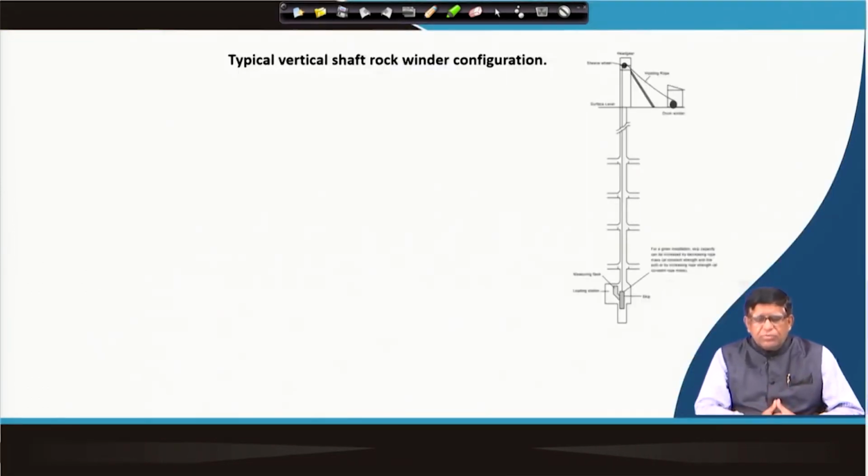Now, you know that in a typical vertical shaft for the rock winder, last class we discussed the whole winding system with a skip.